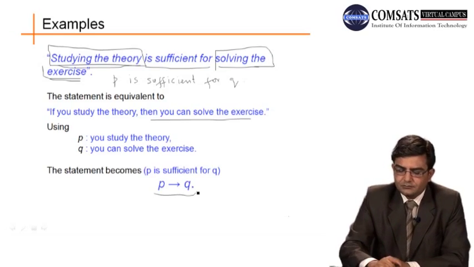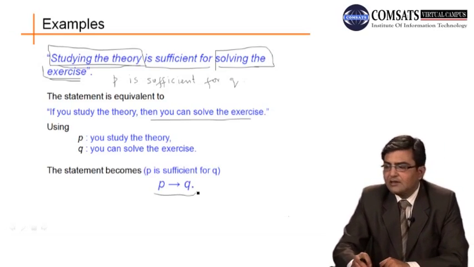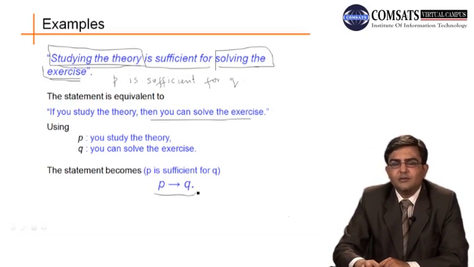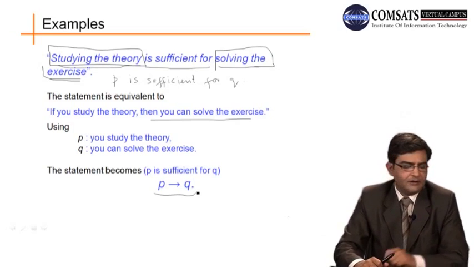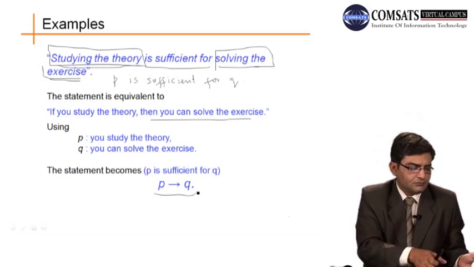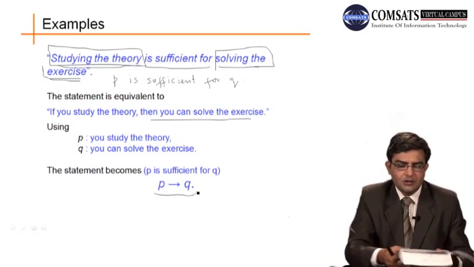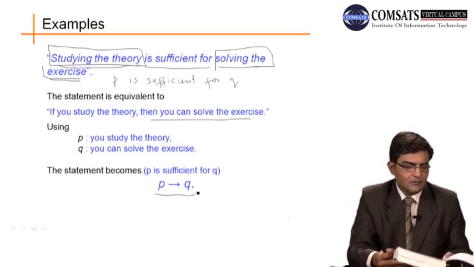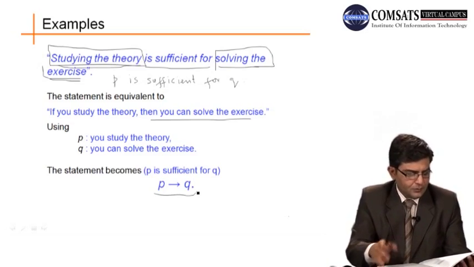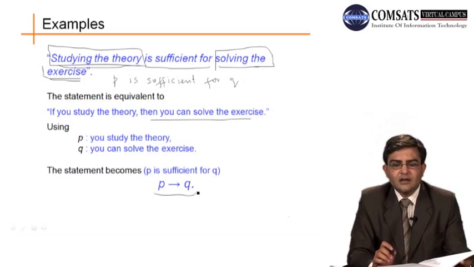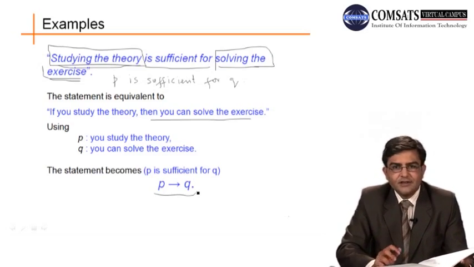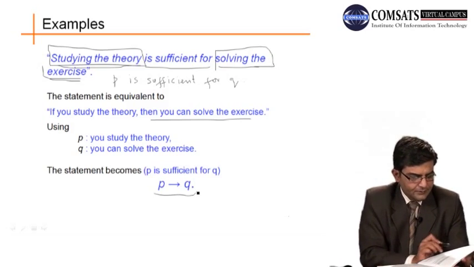For example, you can consult the book of Discrete Mathematics written by Kenneth Rosen, where several forms of conditional statements are given on page 6.